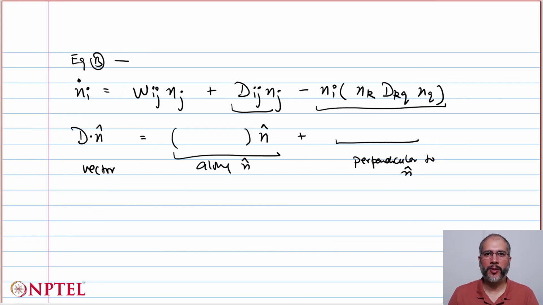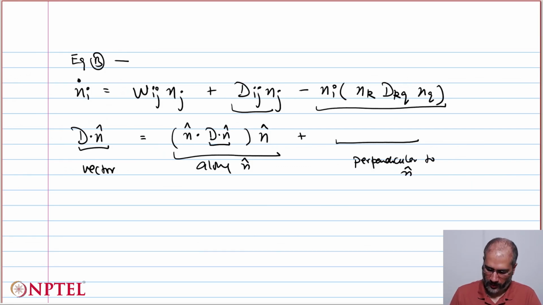So we can always break a vector into a vector along a given vector and a vector which is perpendicular to that n hat. And what is this thing? This is the component of this vector d·n. So this is our vector. So this is easy to see.